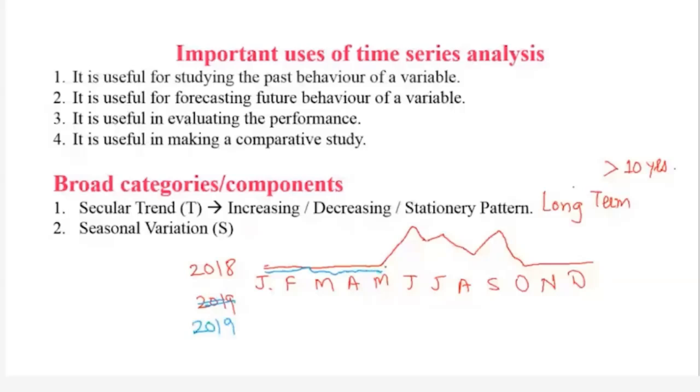Now in the month of May it increased, still it increased, and then it comes down. Something like this. Every year, during the rainy season, from the month of May it will start increasing till August, September. Then again it will come down. Every season, every year, and that is seasonal. So seasonal is per year.